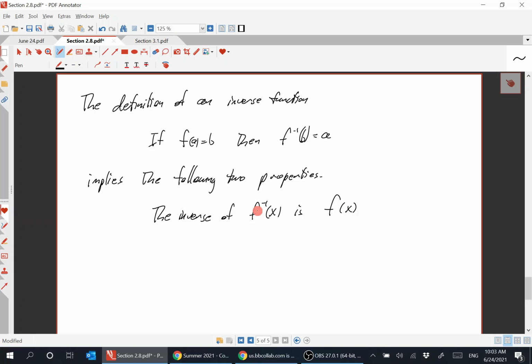So f inverse is the inverse of f, but the inverse of f inverse is f back again.